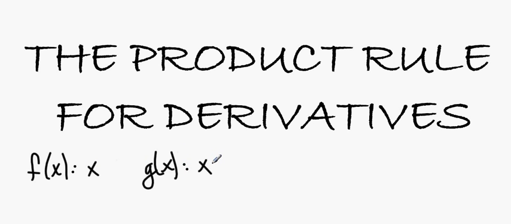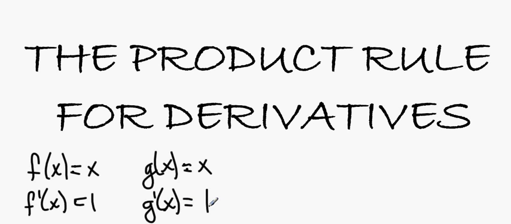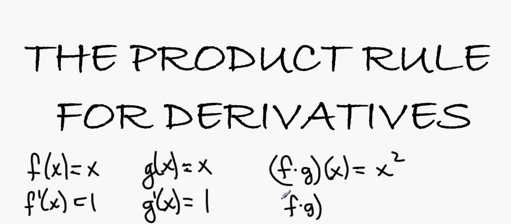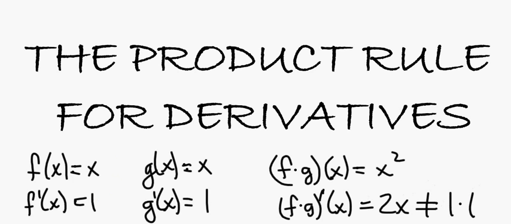The story goes that at about 29 years old, he realized if we let f of x be x and g of x be x, then f prime of x is 1 and g prime of x is 1, but f times g, that's x squared, whose derivative is 2x, which is not the same as multiplying these derivatives together.